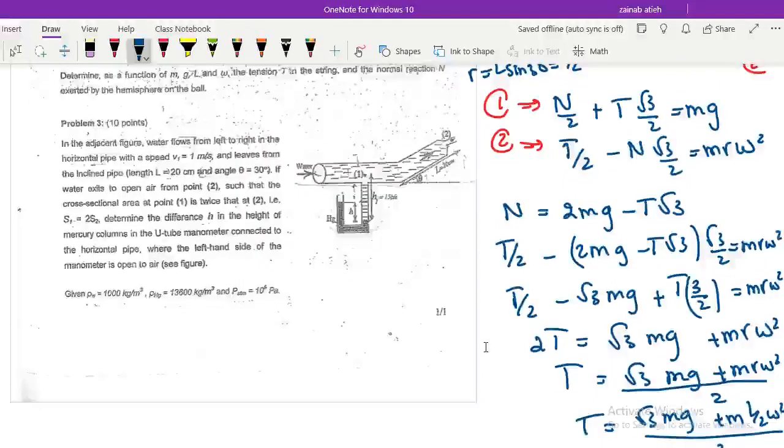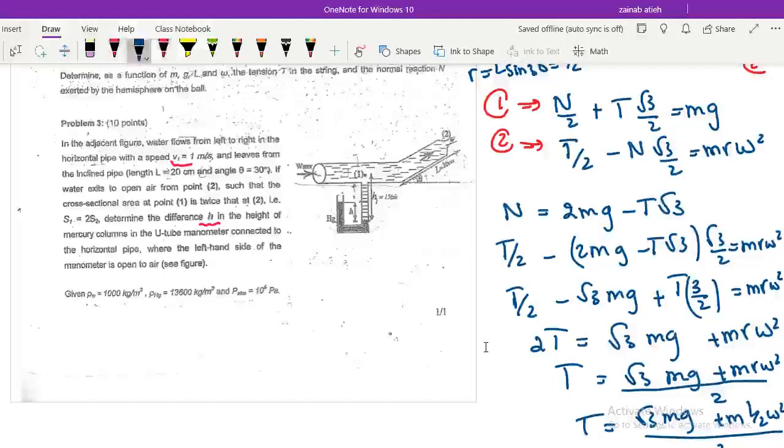What we are searching for is the difference H in the heights of the manometer. What's given? The speed. So using the speed, I have to relate the speed to P1, P2, then relate the pressure to the height between the two sides of the manometer.